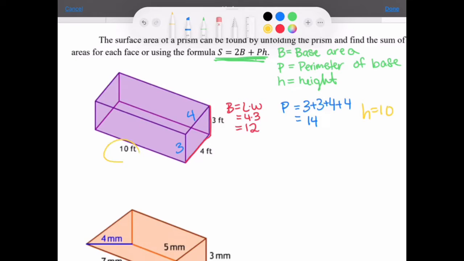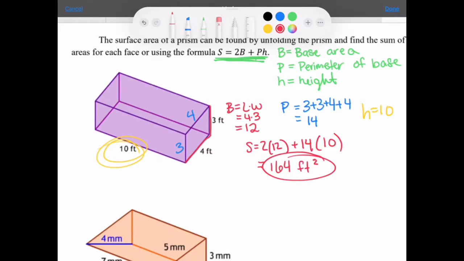That value we haven't used yet, that would be the height, which is 10 here. Then we just plug it into the formula. Surface area equals 2 times 12 plus 14 times 10, and our surface area will come out to be 164 feet squared. Okay, and that's it.